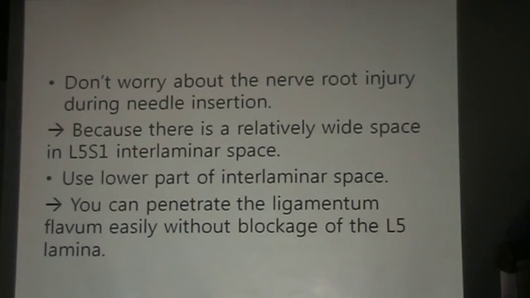And don't worry about root injury during needle insertion, because there is a relatively wide space in the L5S1 interlaminar space. So use the lower part of the interlaminar space, because you can penetrate the ligamentum flavum very easily without blockage of the L5 lamina.